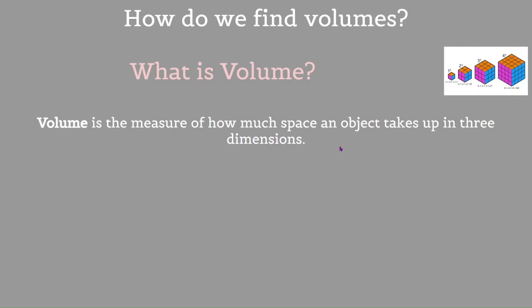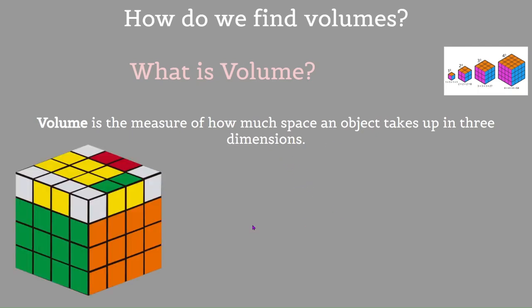They each take up a certain amount of space. The volume is how much space they take up. When we want to calculate this for a given shape, like this nice 3-dimensional cube, it has a length, a width, and a height. Those are its 3 dimensions. How do we do that?